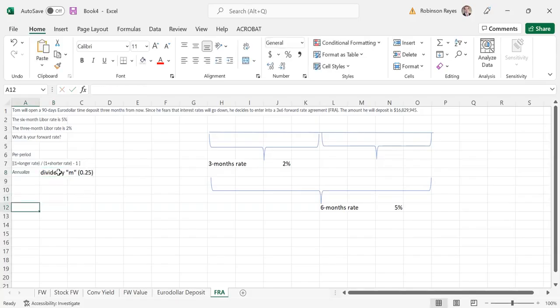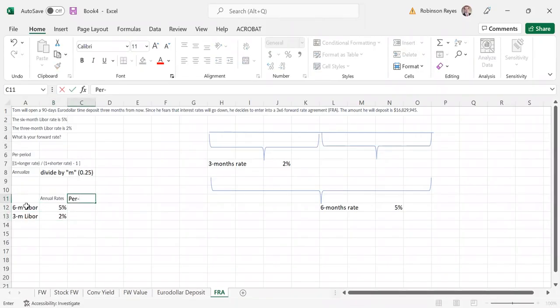Okay, there we go. So step one, let's convert this 6 month rate, the annual rate. We have the 6 months LIBOR, we have the 3 months LIBOR, and this is 5%, this is 2%.